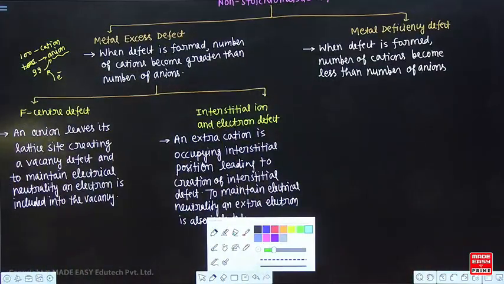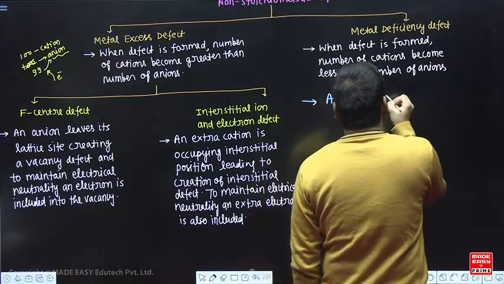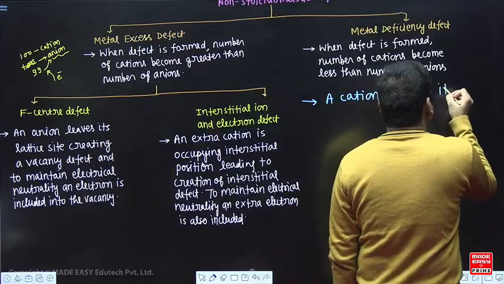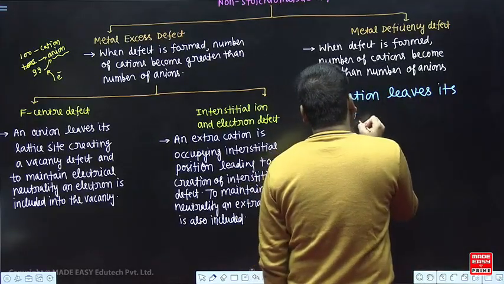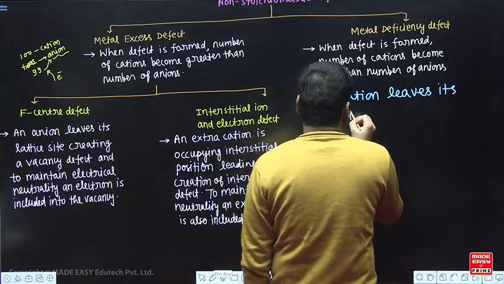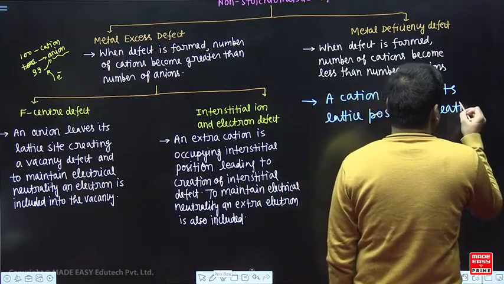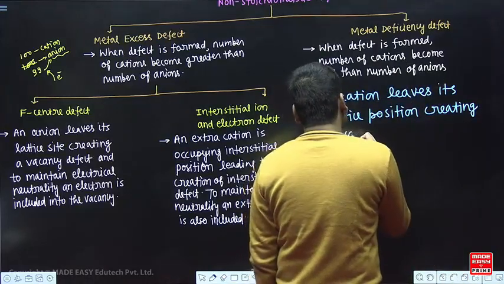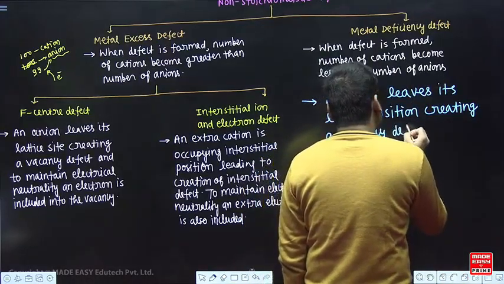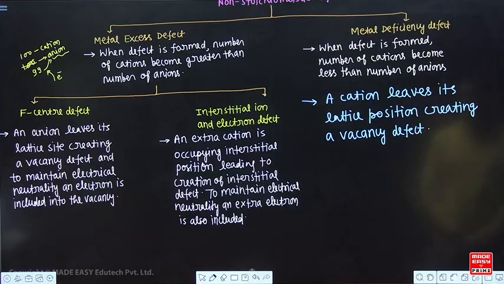So we will write: a cation leaves its lattice position, creating a vacancy defect.